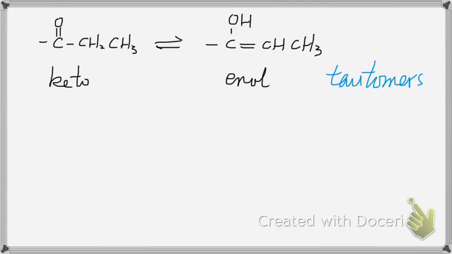In the keto form, the alpha hydrogen is on the alpha carbon, but in the enol form, this alpha hydrogen moved to the oxygen. The keto form and the enol form are tautomers. Tautomers are actually constitutional isomers. Unlike the enolate, the anion, whose forms are resonance structures.